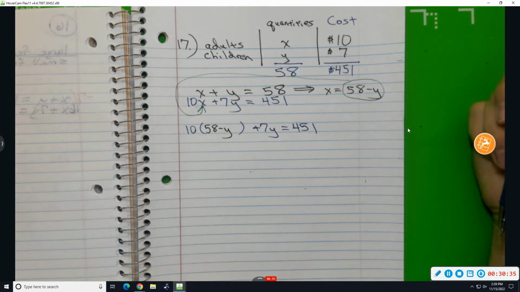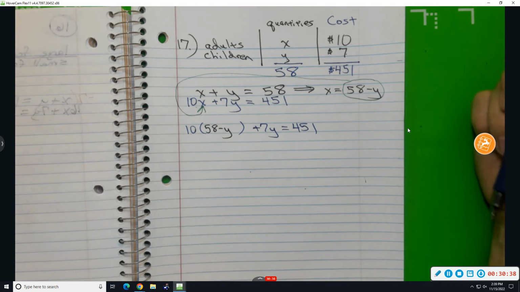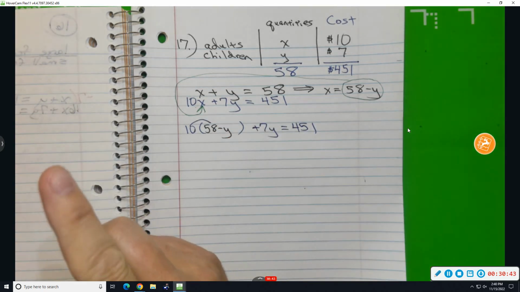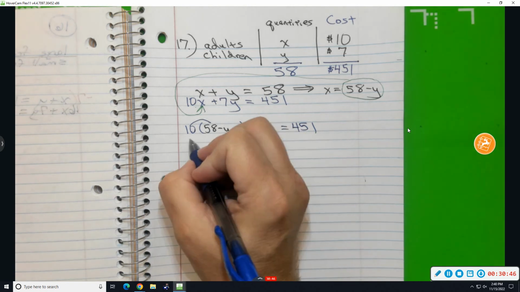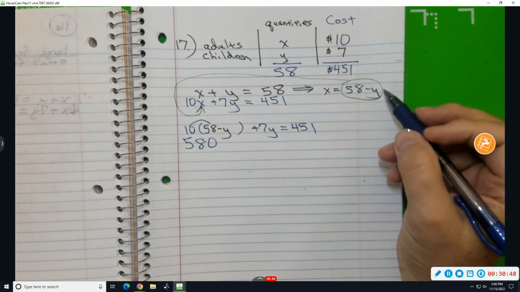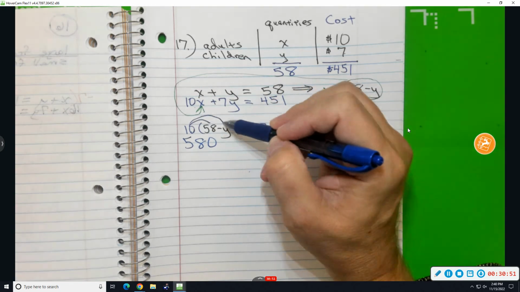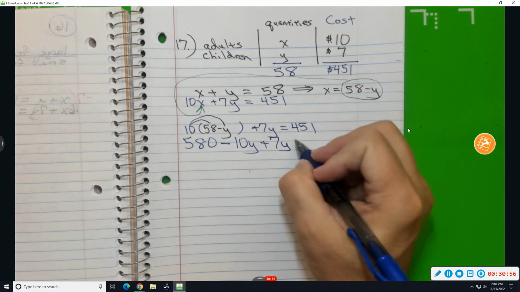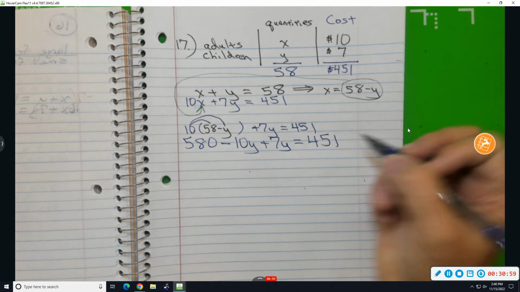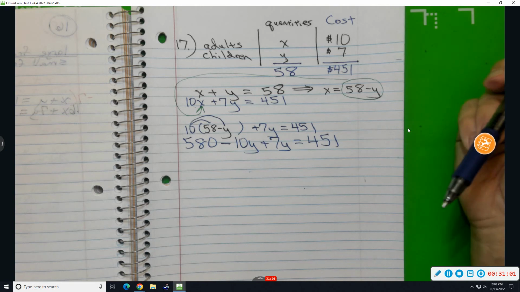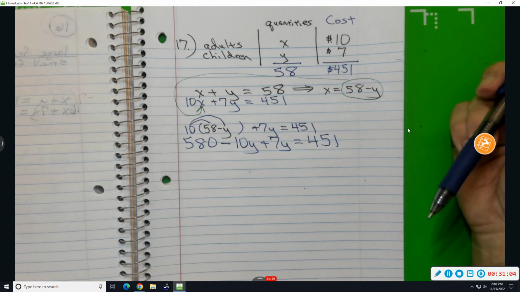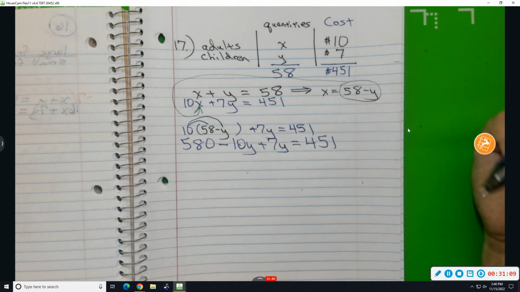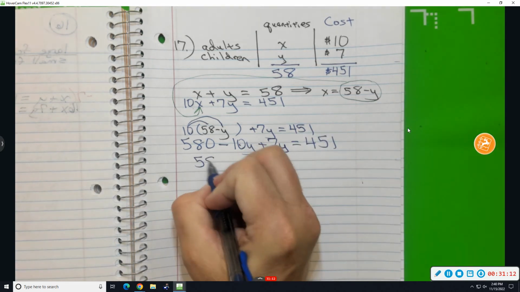Then we FOIL it out: 10 times 58 is 580. Okay, so we're not really FOILing, we're distributing. 10 times 58, I agree, is 580. Then we do 10 times negative Y, which equals negative 10Y, plus 7Y equals 451. Then we add 7Y to negative 10Y, so it will be 580 minus 3Y equals 451.